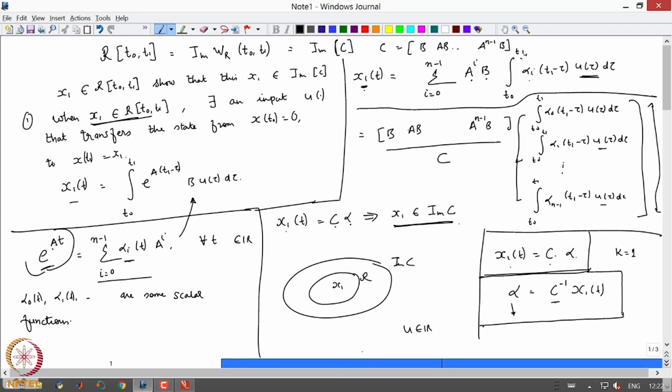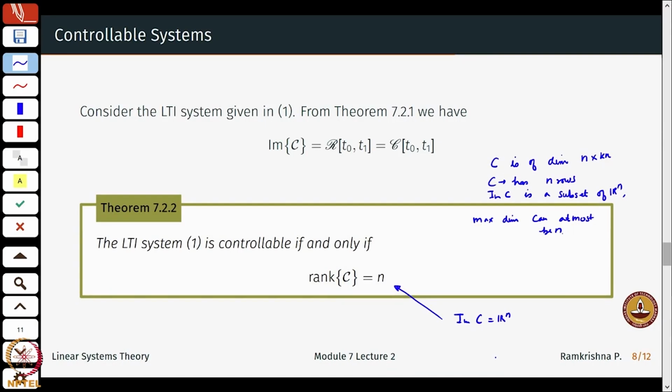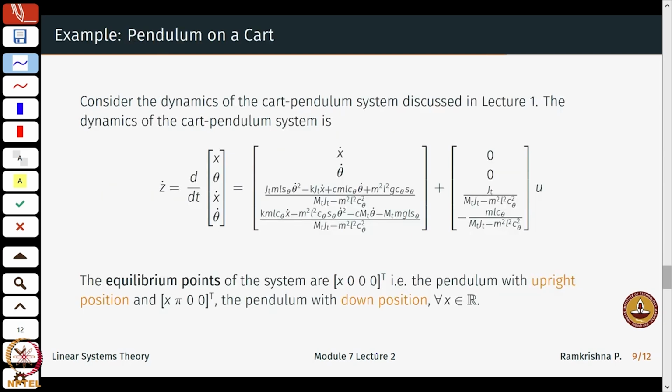This generalizes to the case when u is in some R^k, saying that C must be of full rank. What is the full rank? The full rank has a maximum possibility of being n.